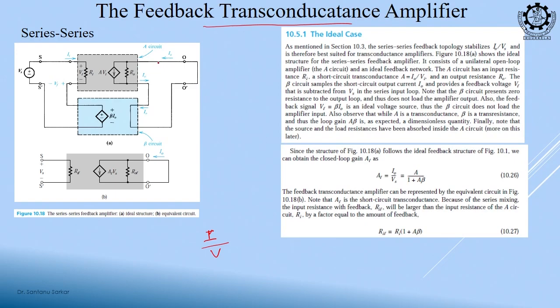So, you see, if we want to sample output current, so what are the different naming topology? One is transconductance amplifier, another is output side it is current sampling, input side it is voltage mixing, right. So, another naming topology is voltage mixing, current sampling.